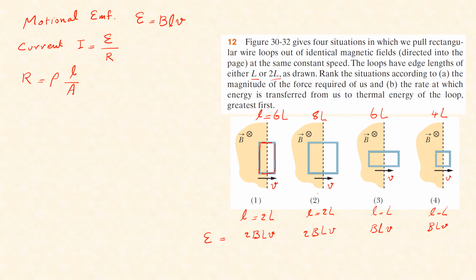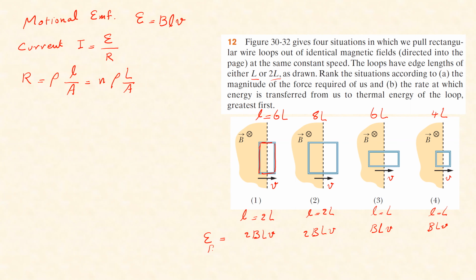more, right? Larger length. So the resistance, you can call this proportional to a unit of rho L over A, times some number n, and for each one of these it is 6 or 8 or 6 or 4.